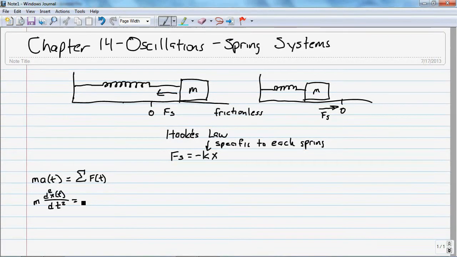And we have Hooke's law, which is negative kx, and I'm going to put x as a function of t. And now we can simplify, move everything over to one side, and move our m's around, and we get the second derivative with respect to t of x of t plus k over m x of t equals 0.